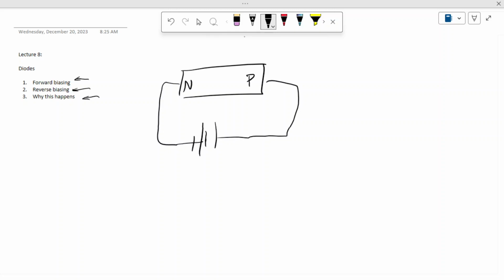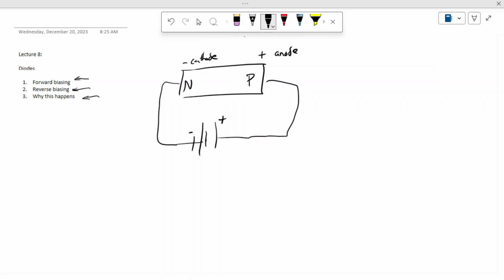The long side would be the anode, so the positive side, and the small side would be the negative. With a diode, again, the P side would be positive, or we would call it the anode, and the N side would be a minus, or the cathode.